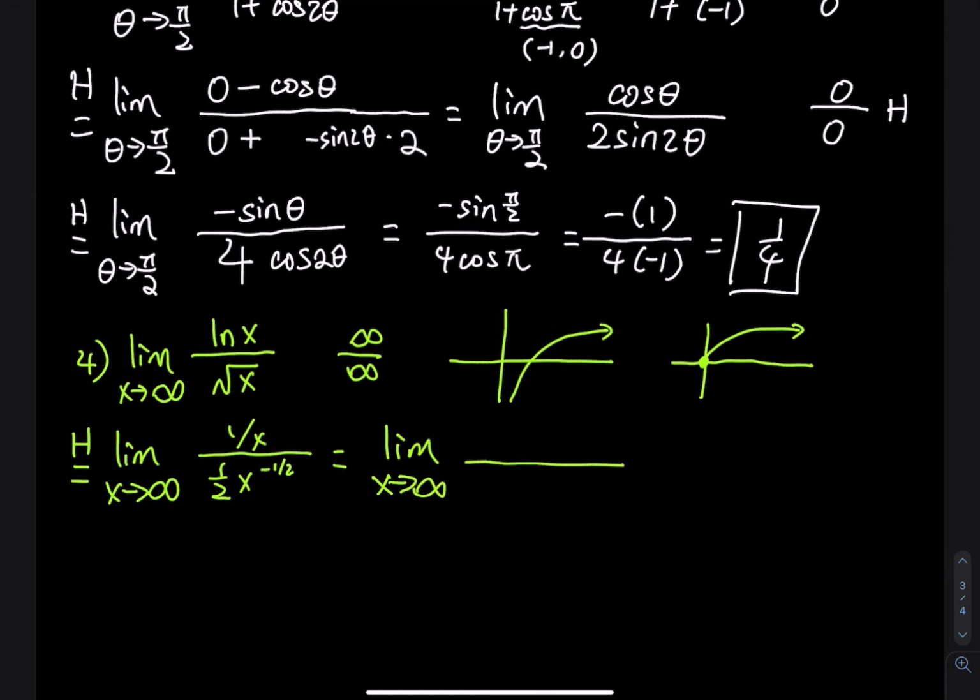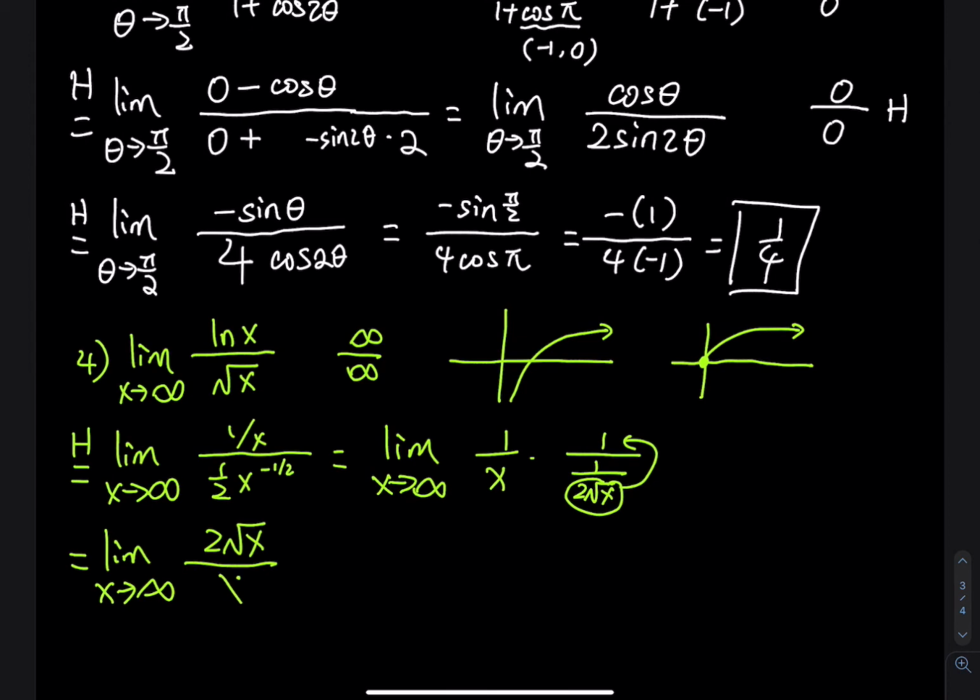We have, okay, this one I don't want to skip any step. We have 1 divided by x times 1 divided by 1 over 2 root of x. So this thing will just flip back to the top, right? And then you have a limit as x approaches infinity. You have 2 root x on top, and then you have a square root of x in the denominator.